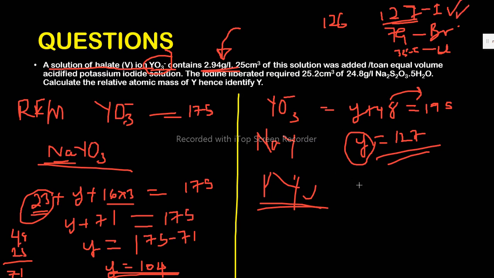But in practical work, they will give you a solution. They will say you're provided with Y, which is a halide. They will say measure 2.4, dissolve in 1 liter and make a solution.